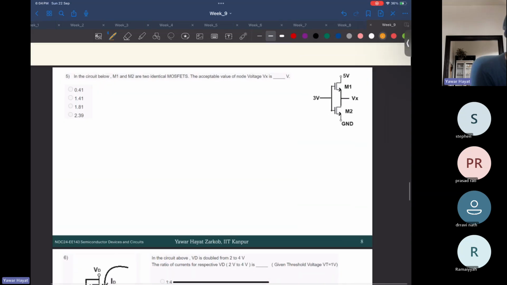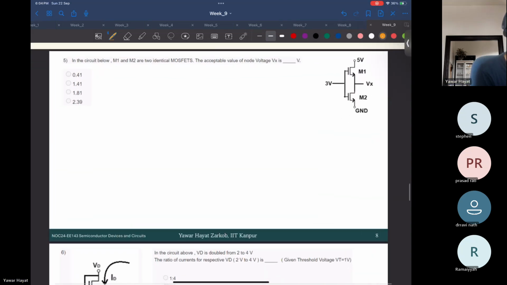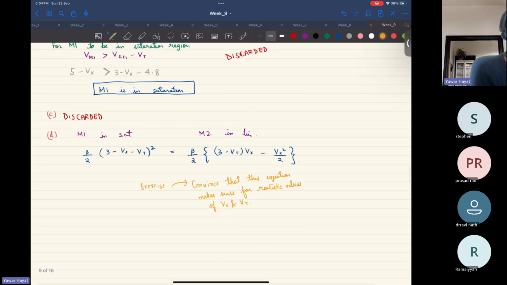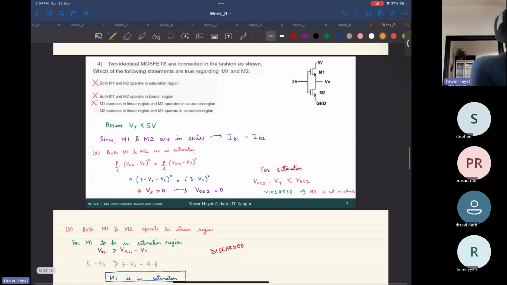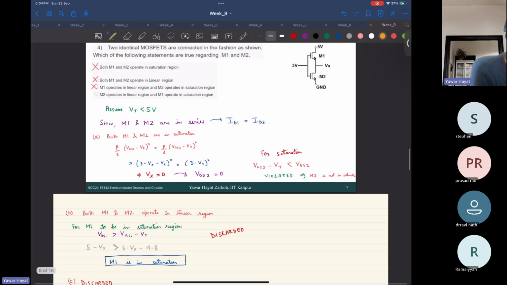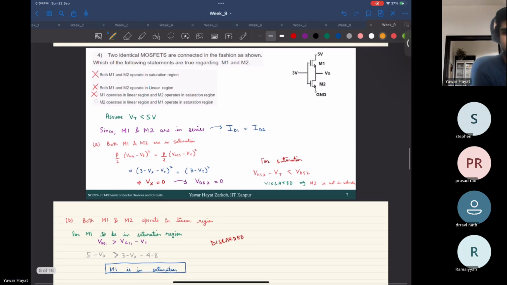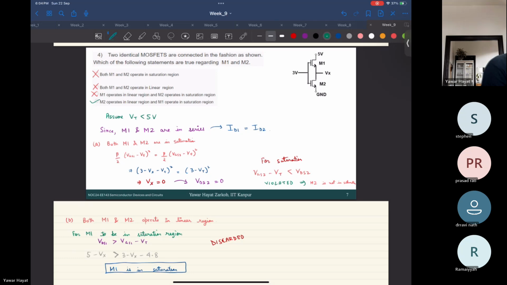What about this one? Question number 5. First, is this fine? Question number 4. Does anyone have any doubt in question 4? Anything? I'll assume no. Sir, one has. Yeah, please go ahead. We assume that VT is less than 5 volt.